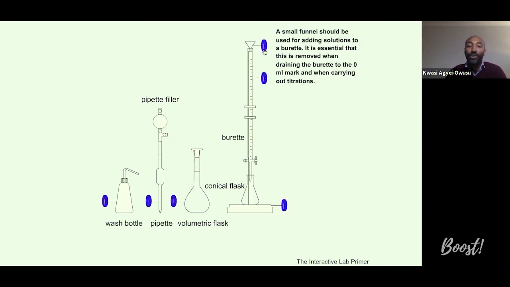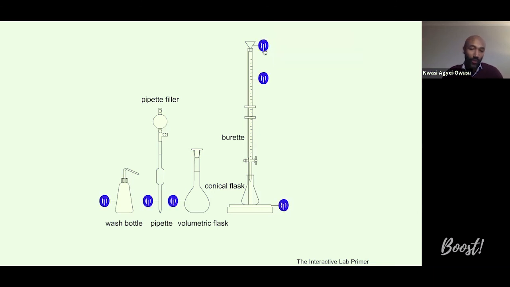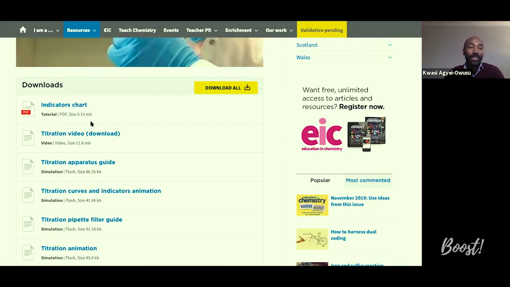And then you should always have a funnel to add your solutions into your burette. So any standard solution that you make is often used to fill the burette, and the unknown solution is pipetted into your conical flask. Okay, so that's a handy guide to the pieces of apparatus you will need.